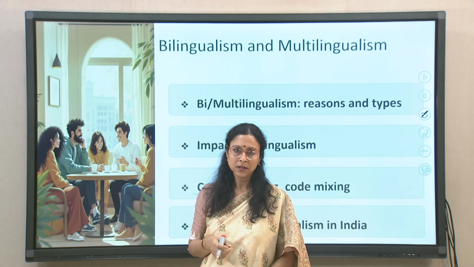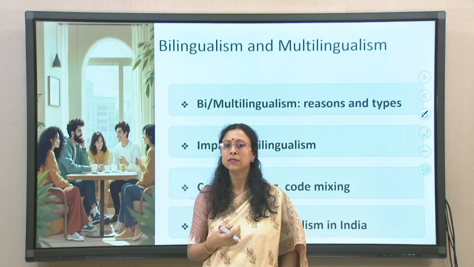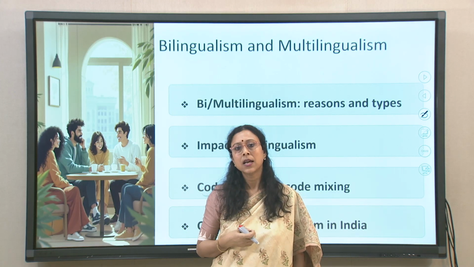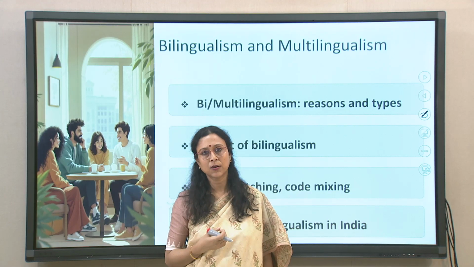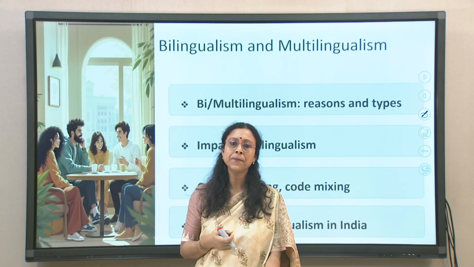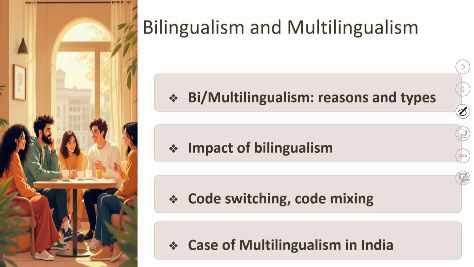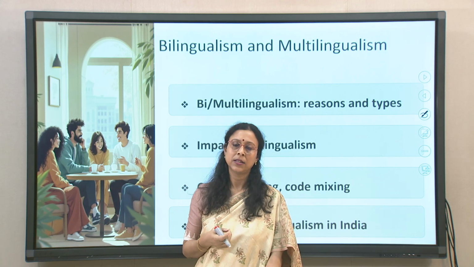So, these are the topics, broadly: bilingualism and multilingualism, the reasons and the types, and the impact of bilingualism. One of them is code switching and code mixing. We will also look at the specific case of multilingualism in India, because this is something very unique and quite different from other places.